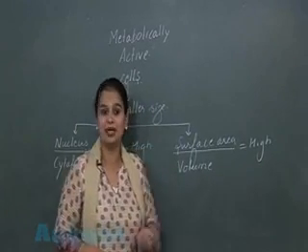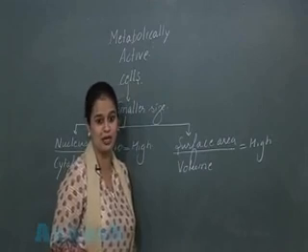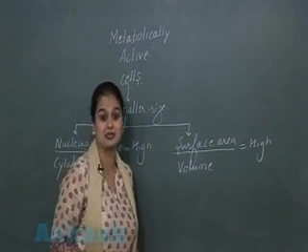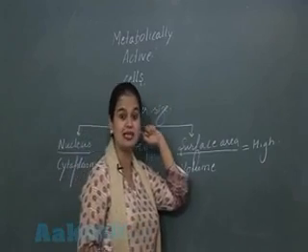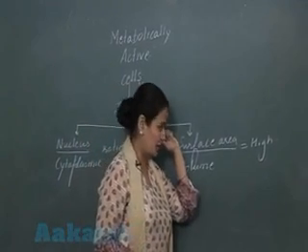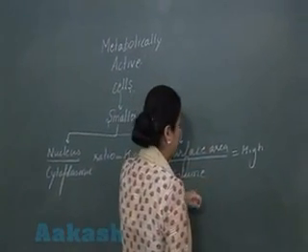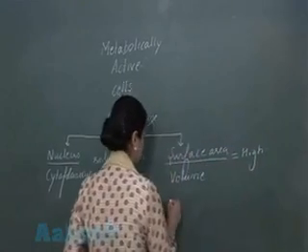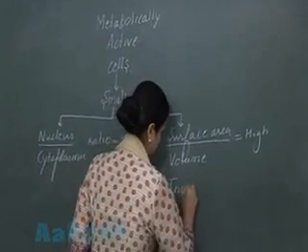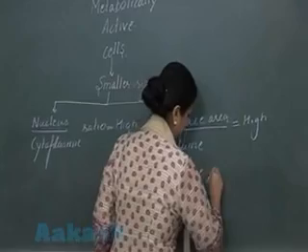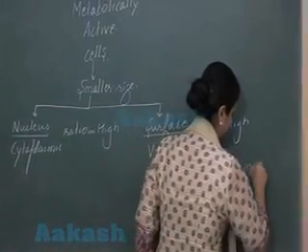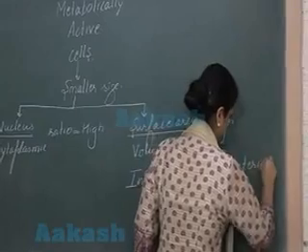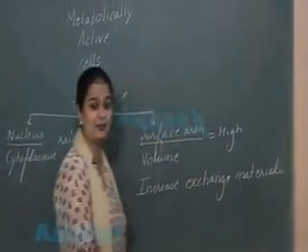Exchange will be better, exchange nutrients का ज्यादा होगा, so the metabolic activities inside the cell will increase. So the surface area by volume ratio is high, so this will increase exchange of material in the cells and the environment.